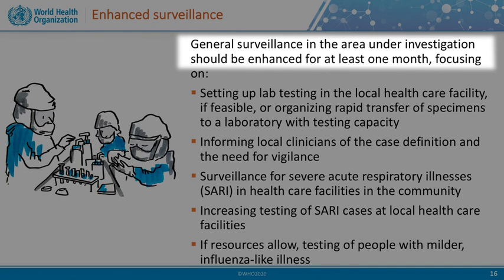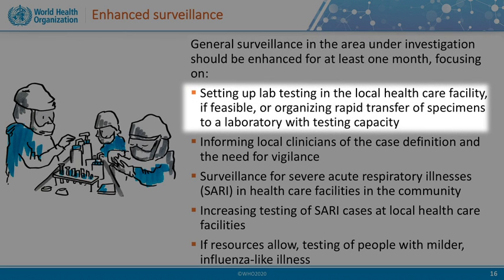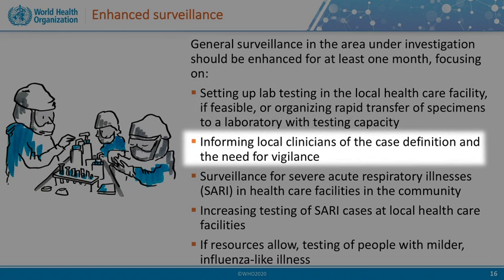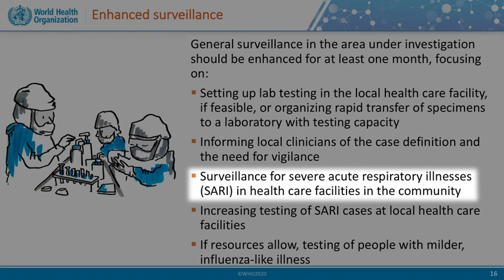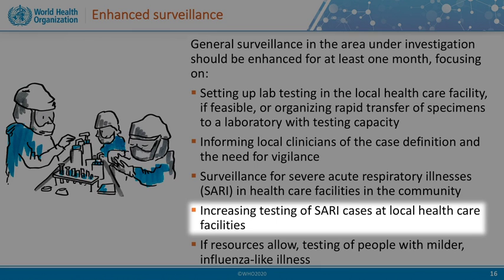General surveillance in the area under investigation, meaning the area where you've identified cases, should be enhanced or increased for at least 1 month, focusing on setting up lab testing in local healthcare facilities, if feasible, and organizing the rapid transfer of specimens to laboratories that can conduct testing, informing local clinicians in the area of the case definition and the need for vigilance to identify further cases, conducting surveillance for severe acute respiratory illnesses, or SARI, in healthcare facilities in the community, and increasing testing of those patients with severe acute respiratory illness at local healthcare facilities.